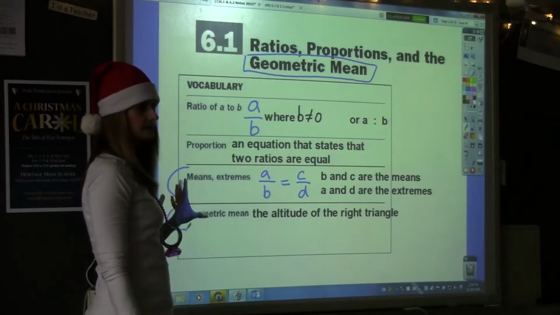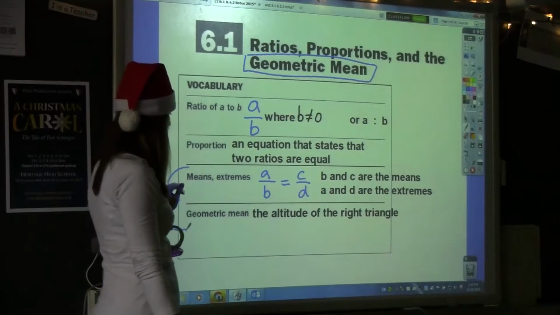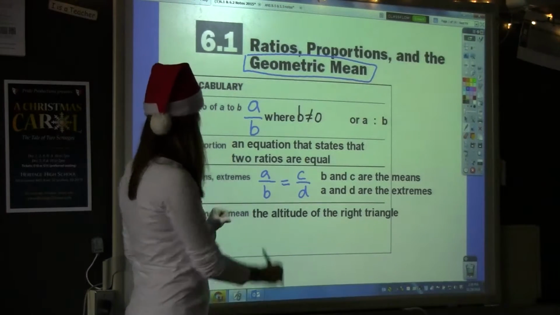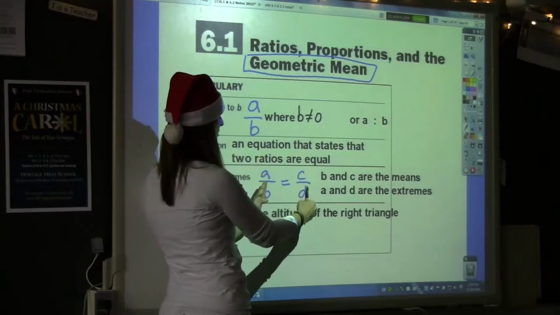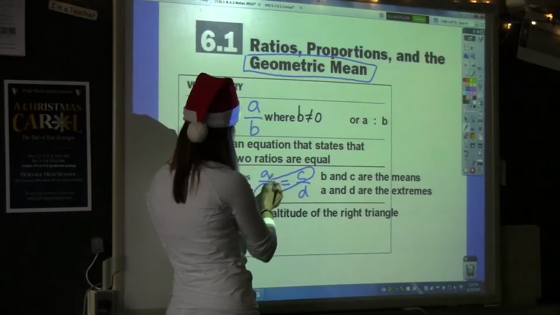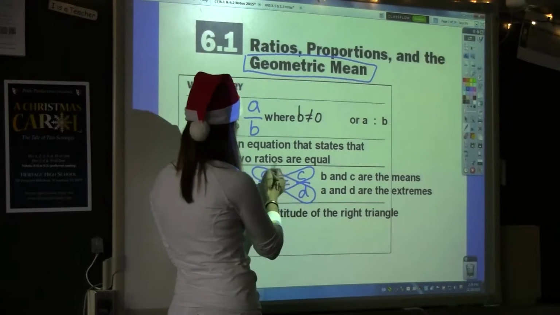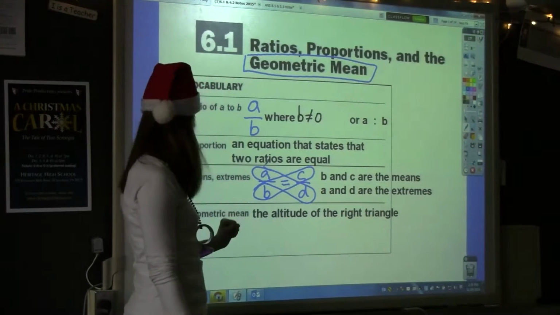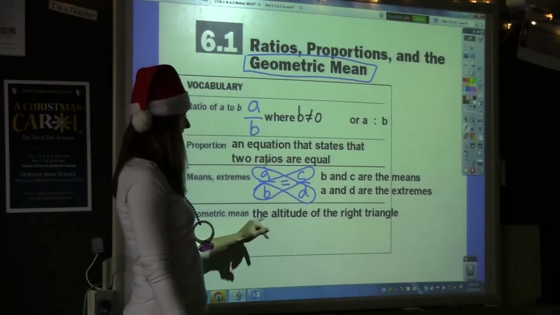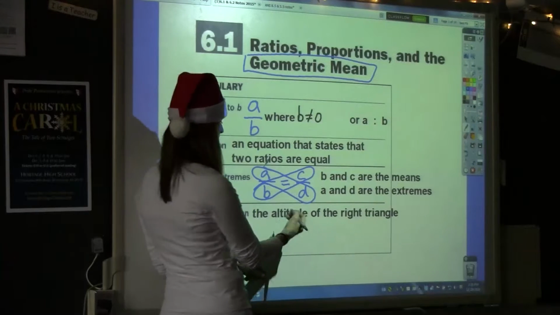We will be using this more next time. Okay, and when you have a proportion, you have two ratios that are equal. B and C, those numbers are called the means, and A and D are called the extremes. And the geometric mean, we use that to find the altitude or the height of a right triangle.